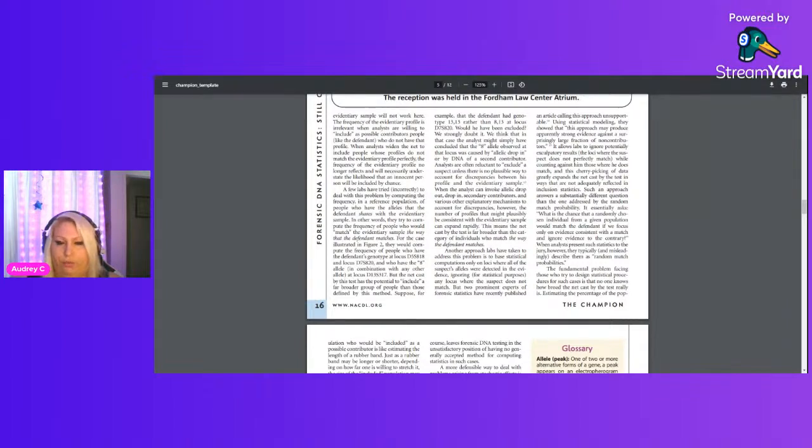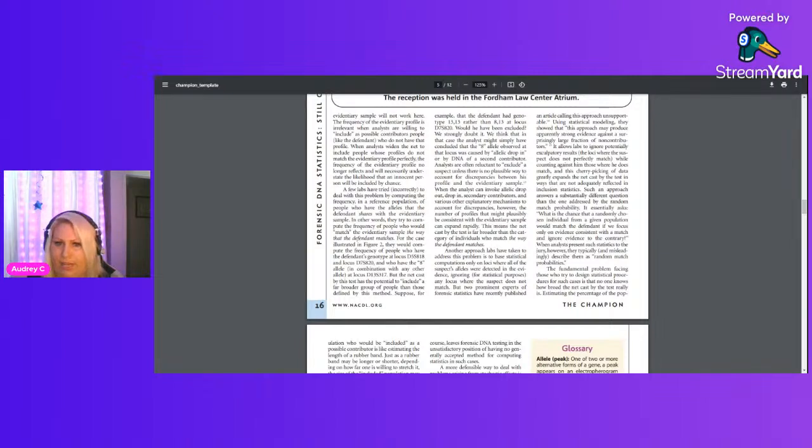However, the number of profiles that might plausibly be consistent with the evidentiary sample can expand rapidly. This means the net cast by the test is far broader than the category of individuals who match the way the defendant does.